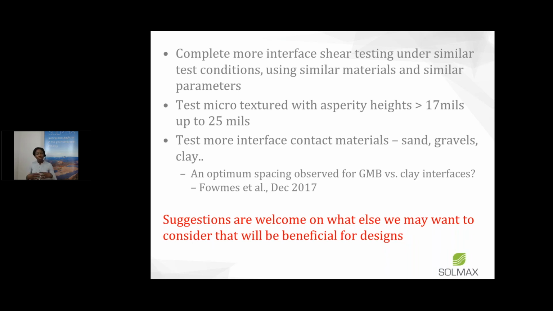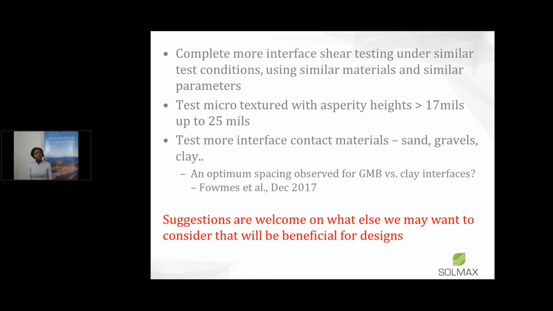So what we're going to do now is do more testing under similar conditions and see what we come up with. But I don't expect that it'll be too different from what we have now, especially since studies in the literature already are showing trends along that line too, that asperity concentration is actually beneficial for increasing interface shear strength. But we will do the testing just to get it done in a rigorous way.